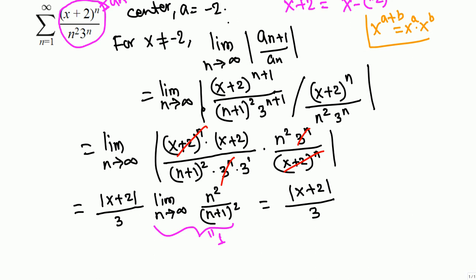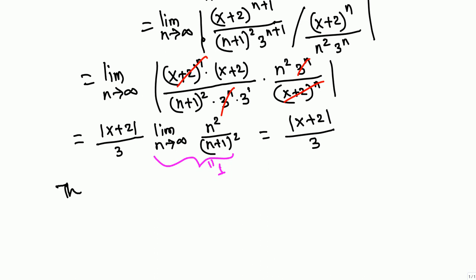So we found the limit of a_(n+1) over a_n as n goes to infinity is absolute value of x plus 2 over 3. We know by the ratio test the series converges if this limit is less than 1, and diverges when this limit is bigger than 1.